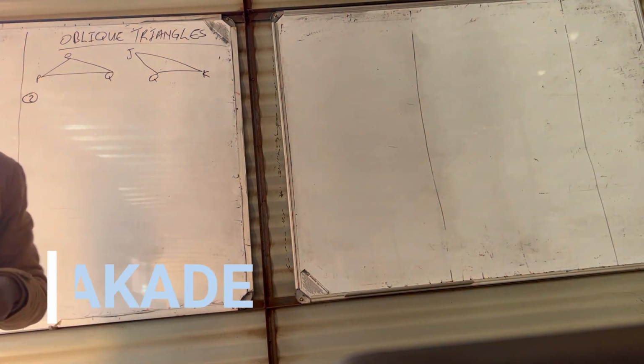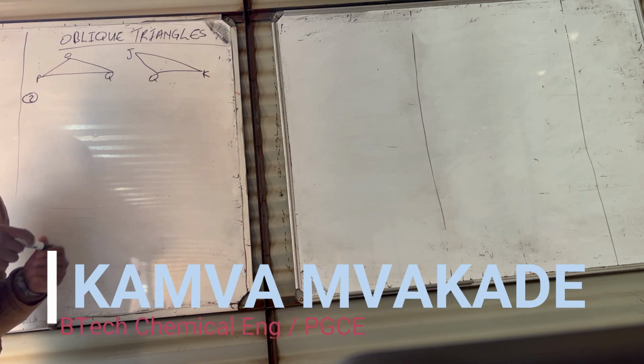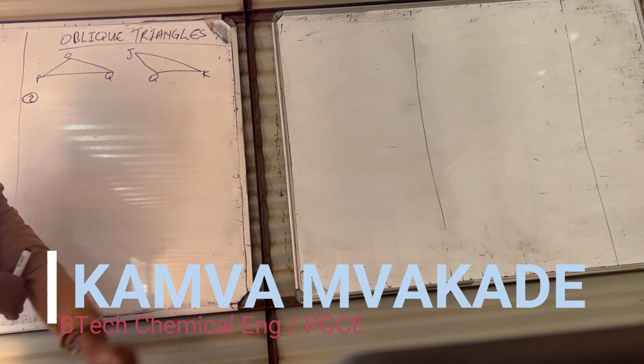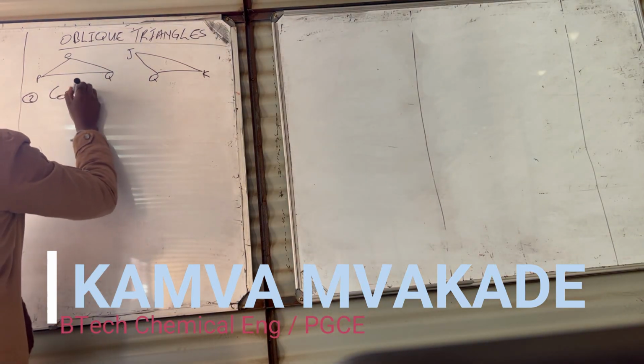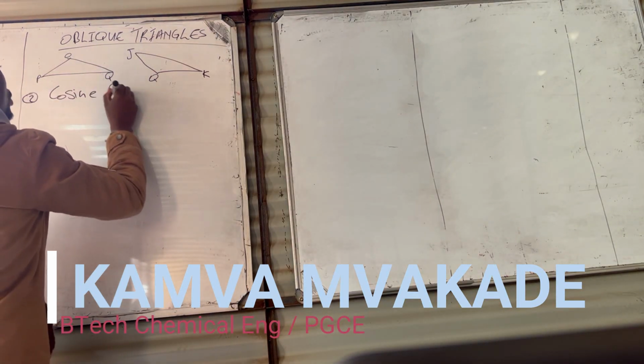So, again, the sine rule. Then we will apply the cosine rule. Number 2 is the cosine rule.